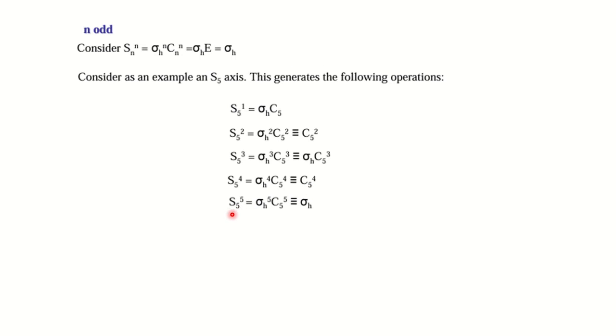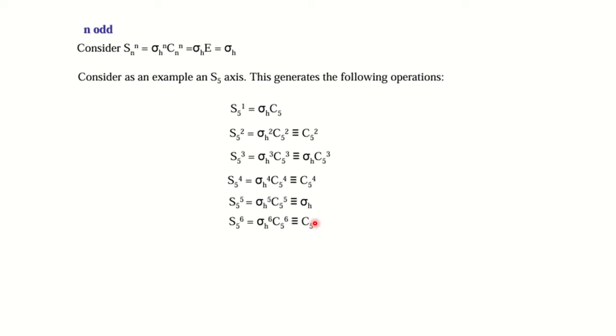Again in the same way we can do S5^5, which means you can write sigma h^5, C5^5. C5^5 we have just applied this rule to, and we know sigma h^5 is equal to sigma h, and C5^5 is equal to E. So you conclude with sigma h. S5^6 you can write like this, and again it is an even number, so it leads to identity, and you end up with C5^5 into C5^1.